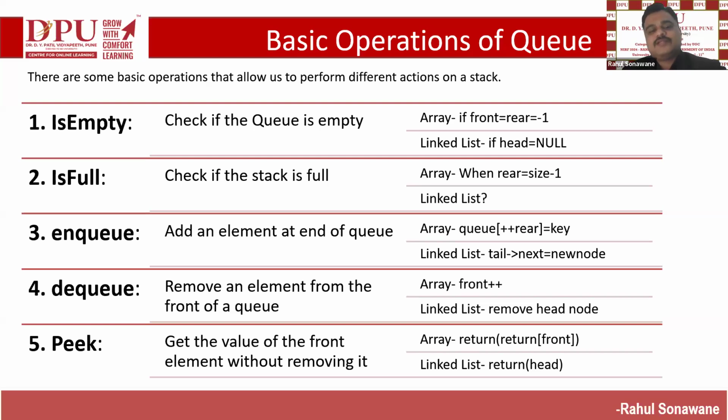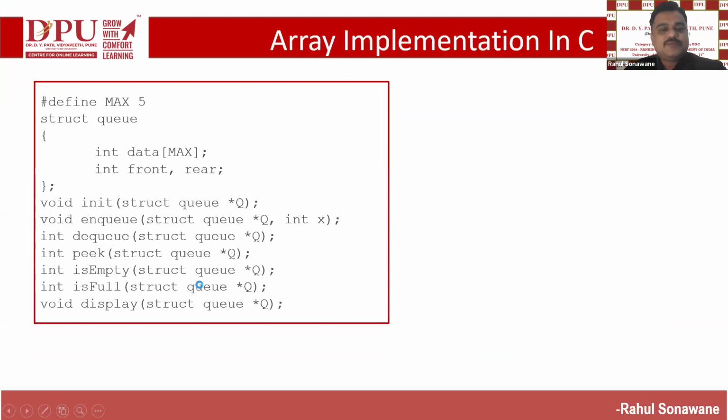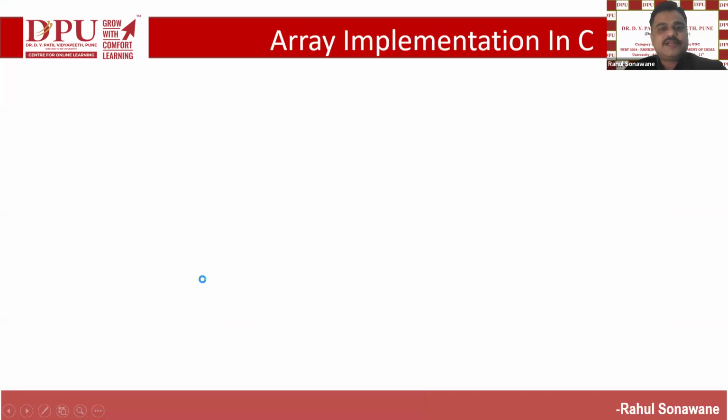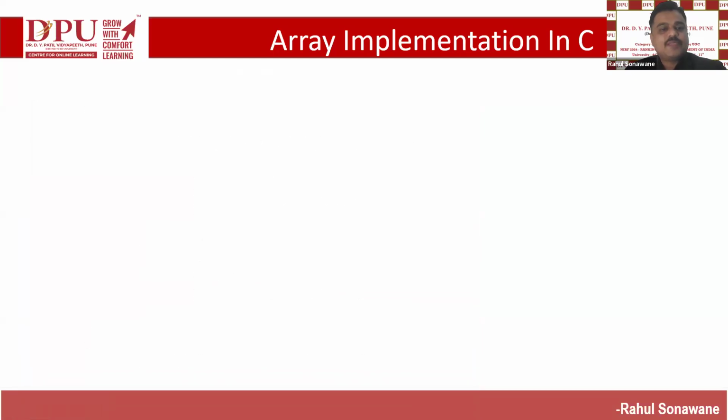And we tried to understand the basic operations, like when the queue will be empty, when it will be full, then how to insert the element, that is our enqueue operation, how to remove the element from the queue, that is dequeue operation, and how to check the frontmost element from the queue, that is the peek operation. Thereafter, we have seen some codes related to the queue with the help of C programming language.